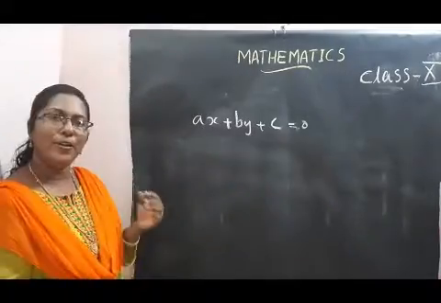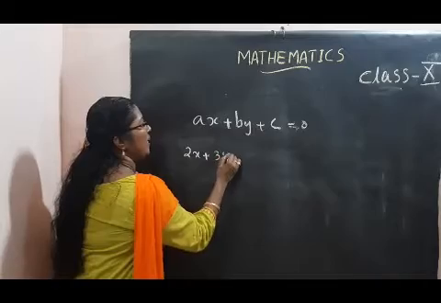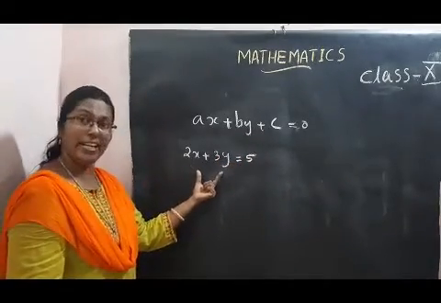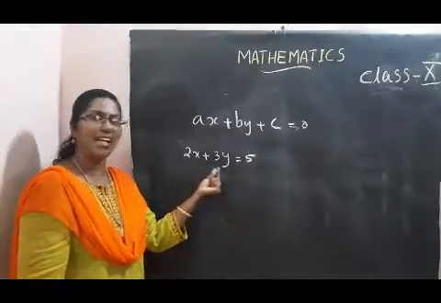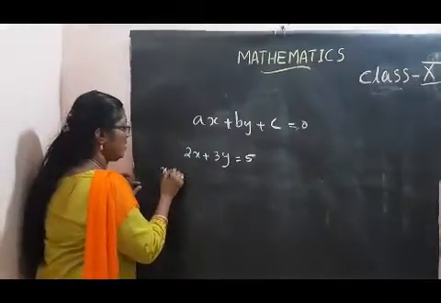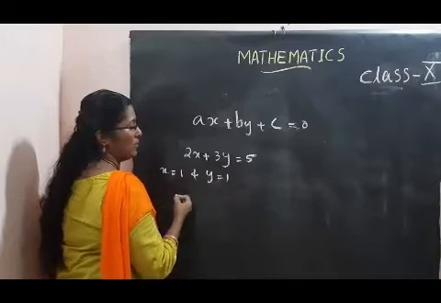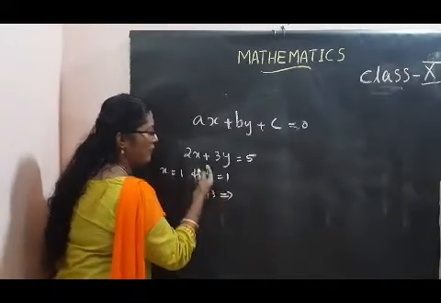Okay. Look at this equation: 2x plus 3y equal to 5. It is a linear equation in two variables. The variables are x and y. Let us substitute x equal 1 and y equal 1. Take the LHS, that is left hand side.